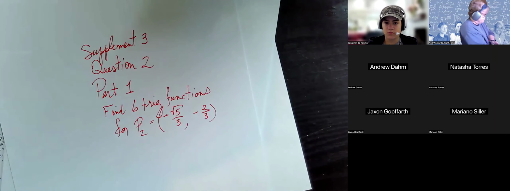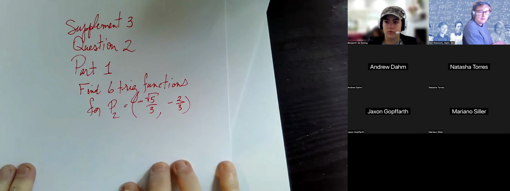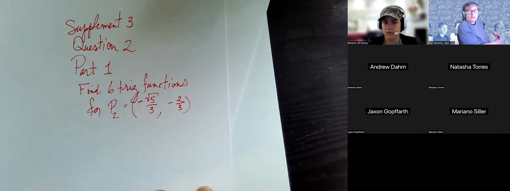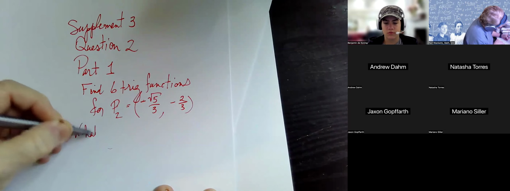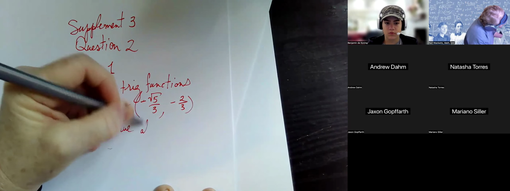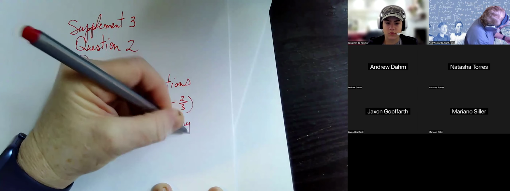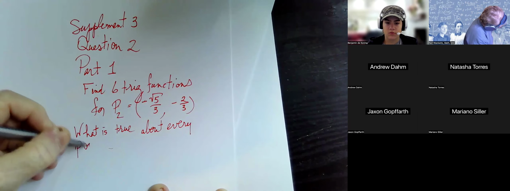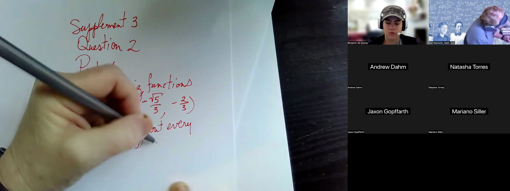So first of all, let's take this point and see, how do we know that it really is on the unit circle? What's true about every point on the unit circle?